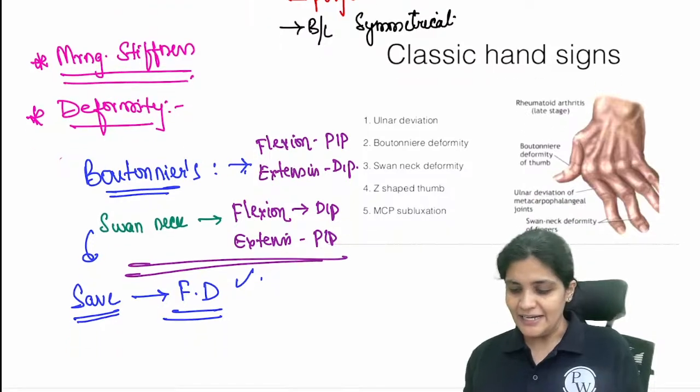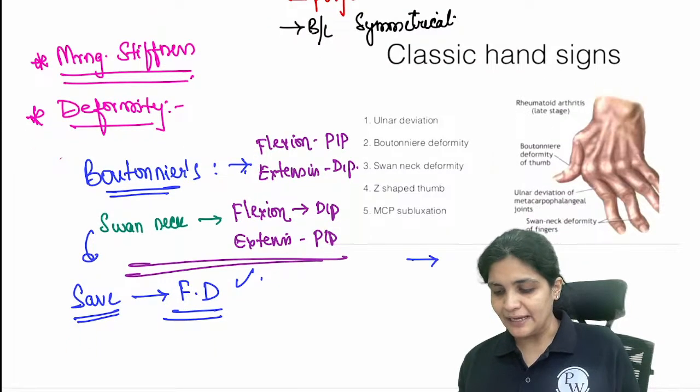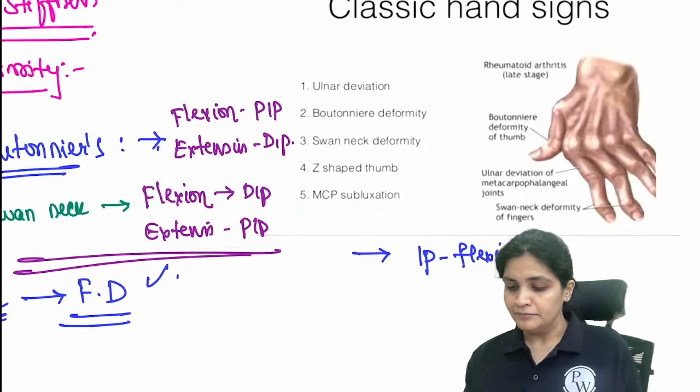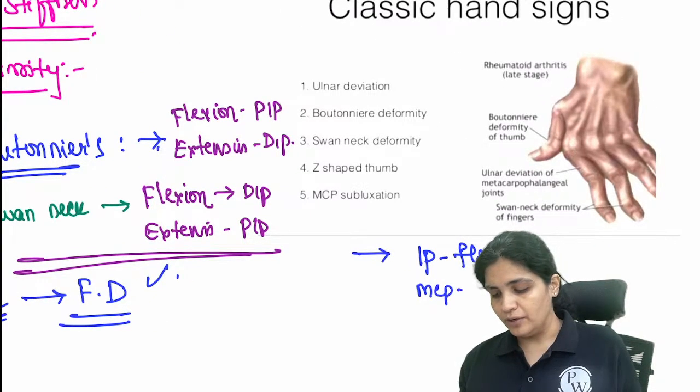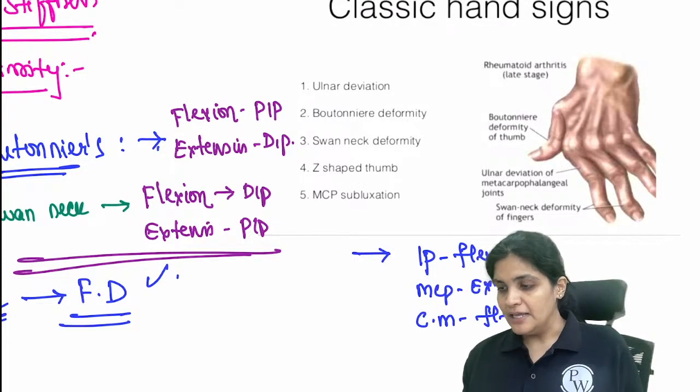Then what is your Z-shaped thumb? So Z-shaped thumb is again your IP will go into flexion, right? And then your metacarpal joint will go into extension and your carpometacarpal will go into flexion. So that gives a Z-shaped deformity of the thumb, right?